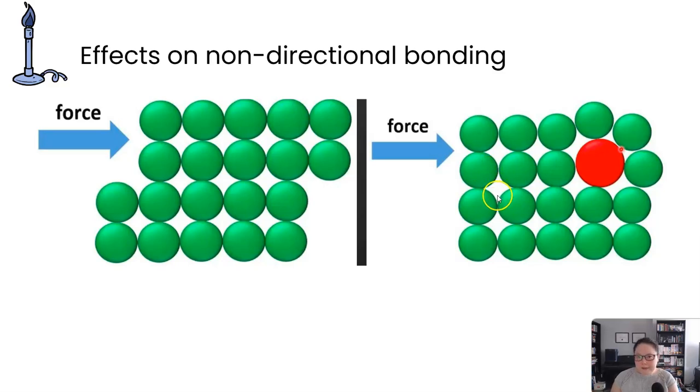Now, this can change a little bit once you start adding something else, because your something else is going to have a different size, different charge, and might not actually be capable of participating in that metallic bonding.